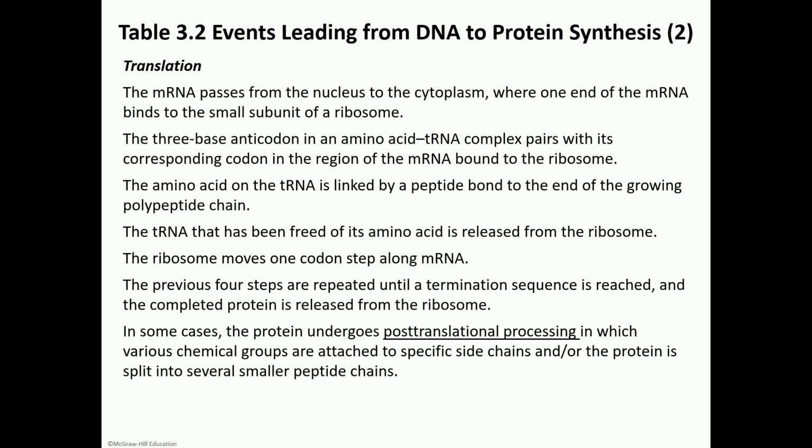The transfer RNA, remember, has the anticodons, while the messenger RNA has the codons. The transfer RNA brings one amino acid at a time, and it runs down the messenger RNA, reading it. It starts at the start codon, and it keeps on moving down until it reaches one of the stop codons.